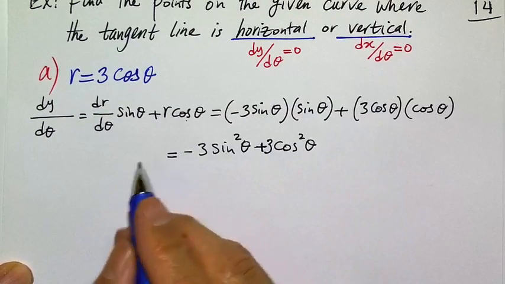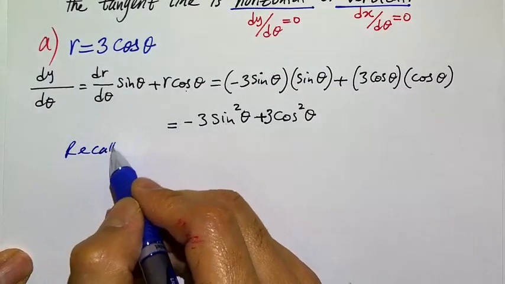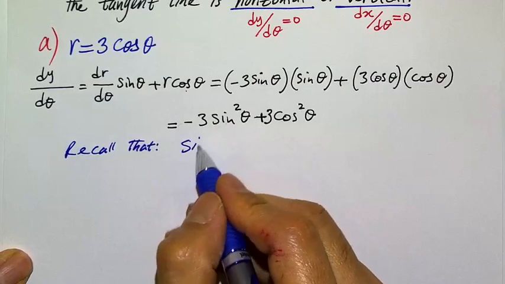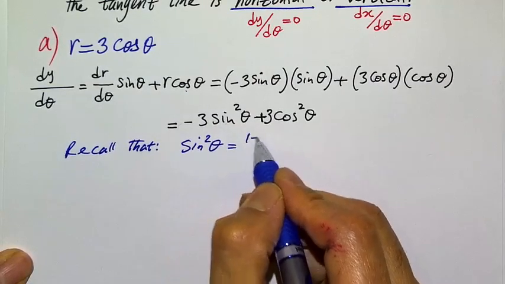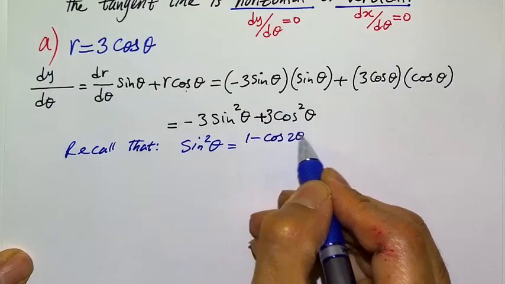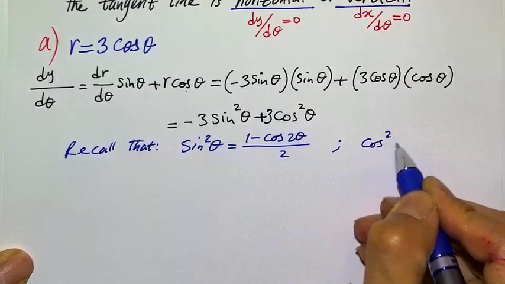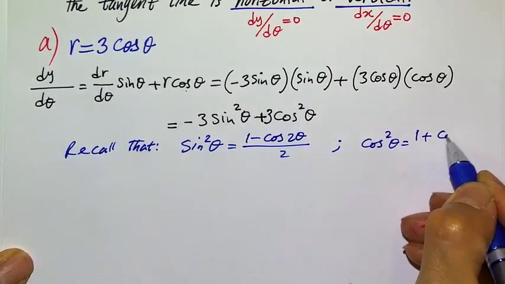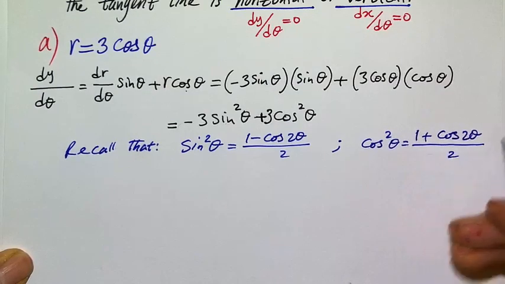So let me just mention them here. Recall that sine squared theta is equal to 1 minus cosine 2 theta over 2, and cosine squared theta is equal to 1 plus cosine 2 theta over 2.